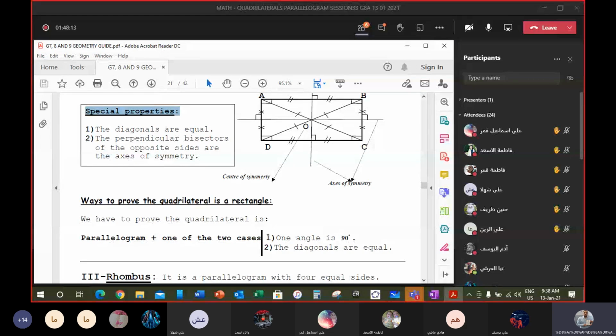First we prove this quadrilateral is a parallelogram, then one of the two cases: one angle is 90 or the diagonals are equal.